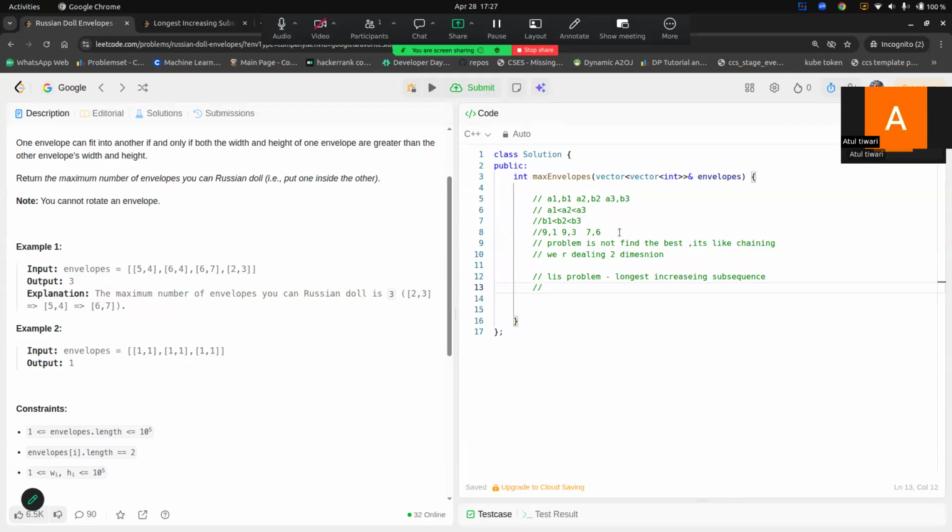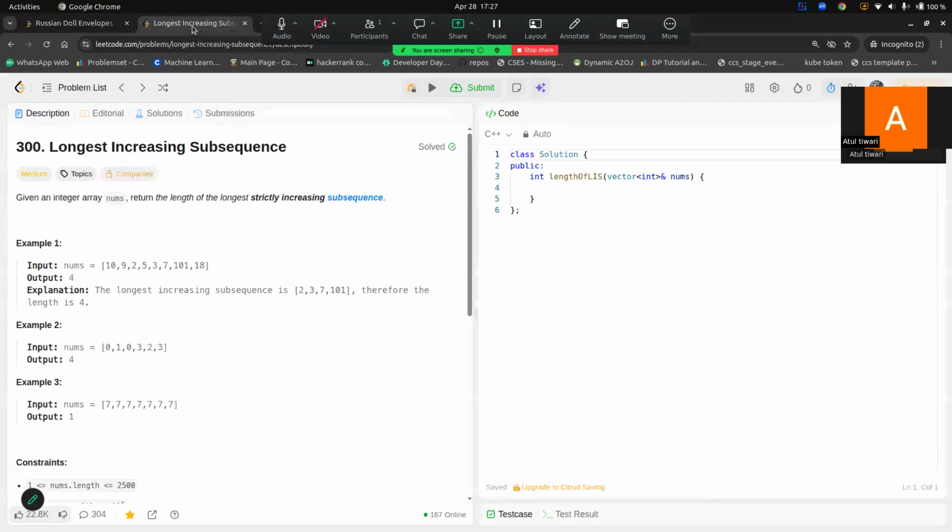Now the question is how LIS is a variant here, since we are dealing with two dimensions, while in LIS we have only one dimension. This is one of the major things you have to figure out.